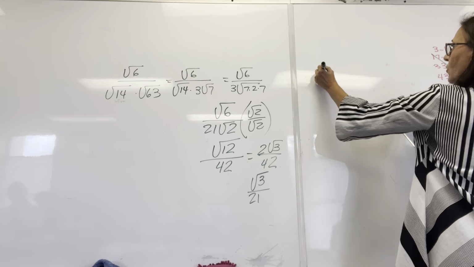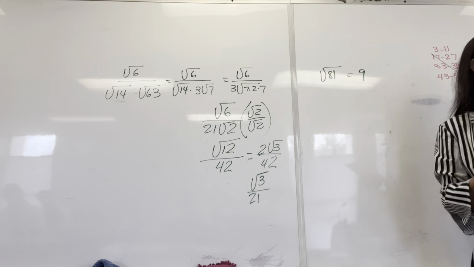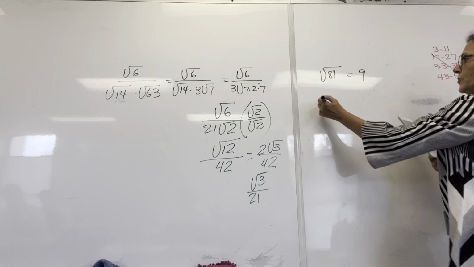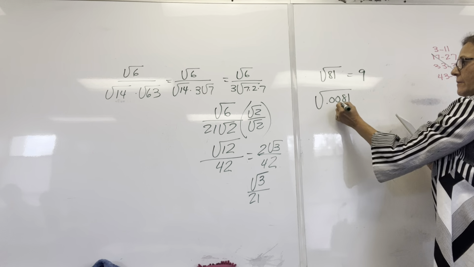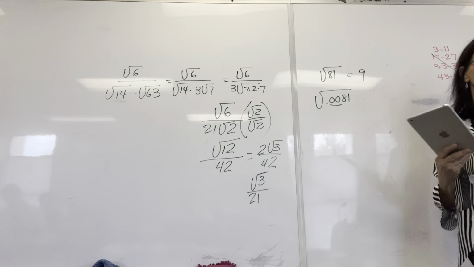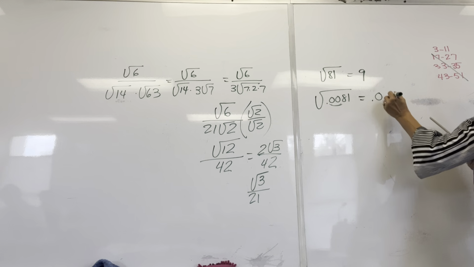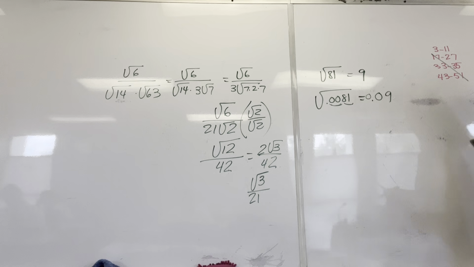Well, you know that the square root of 81 is 9, right? When you have the square root and an even number of zeros, you take half of them. So 1 zero and the 9. Got it? Okay.